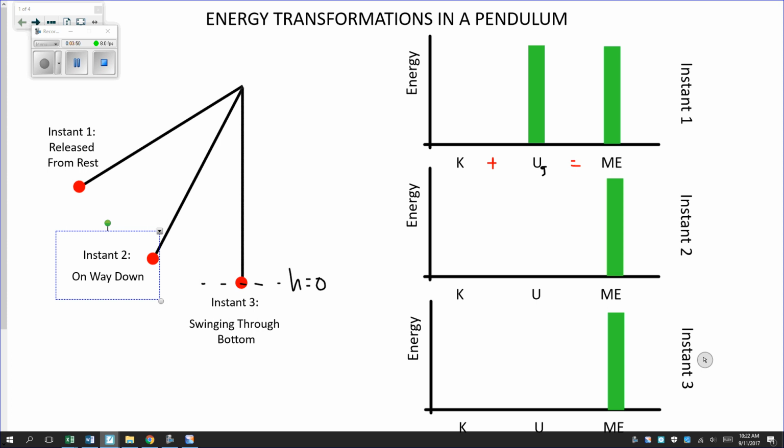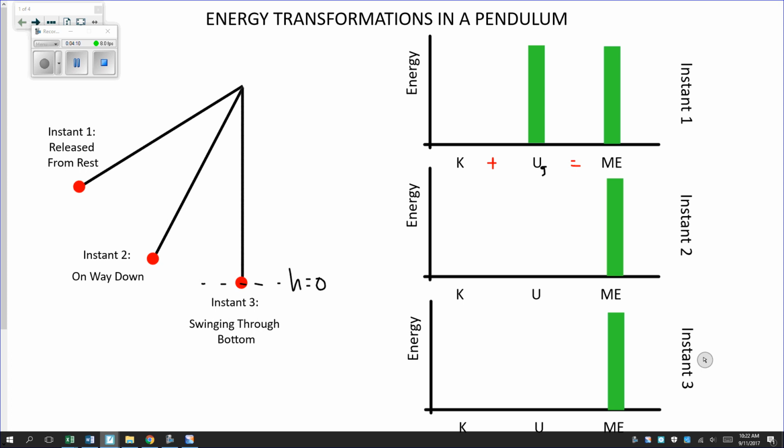Now, how much K or U are there at different instants? One of them is a little easier to define, and that comes from our choice of height 3 being 0, which means there's absolutely no gravitational potential energy at that instant.